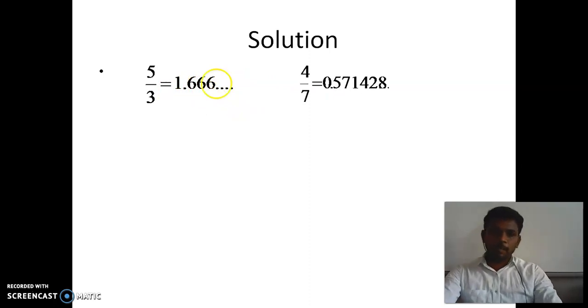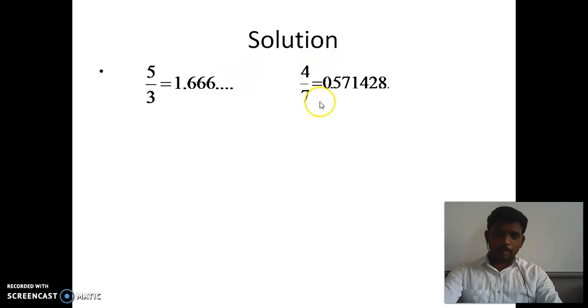And what about the other number, 4 by 7? This is the decimal expansion of 4 by 7. It also keeps going on, it is not a terminating decimal expansion. 0.5, 7 fives are 35, remainder 5, then 7 sevens are 49, remainder 1, then 1 seven, remainder 3, then 4 sevens, remainder 2, and likewise it keeps going on. It is not terminated.